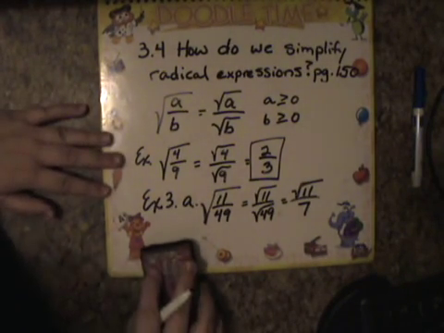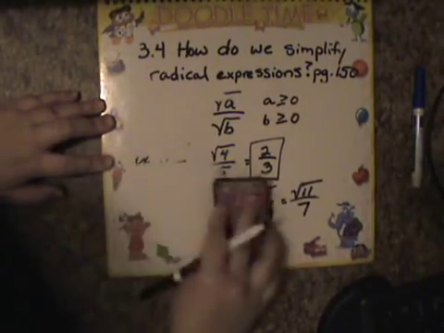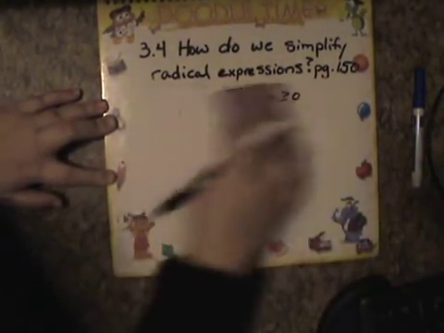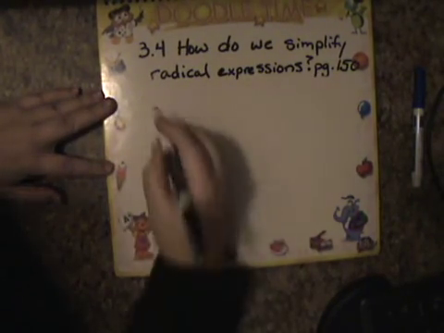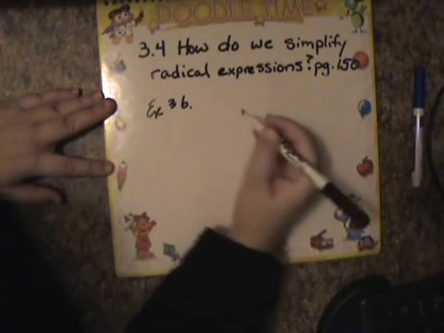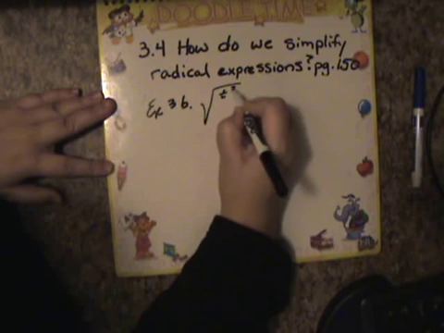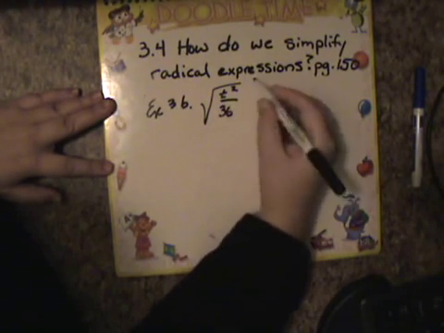Now B. This is example 3B, and it is the square root of t squared over 36.